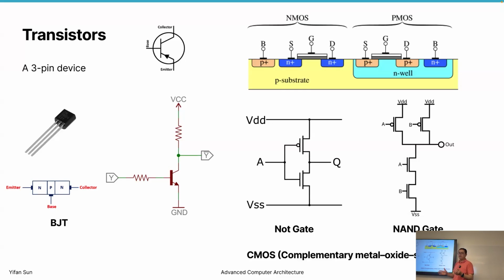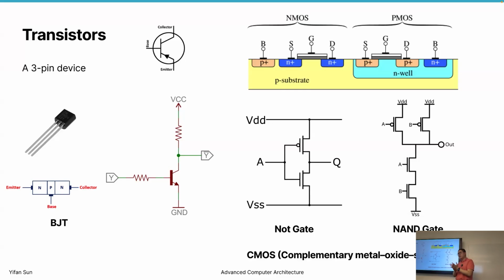But if you consider BJT, if it's 1, then this is connected, and it consumes a lot of energy. If it's 0, it's not connected, so it's not consuming much energy. So here, the static energy is really low, no matter whether it's 1 or 0. Then what's the dynamic part? Those are switches, right?